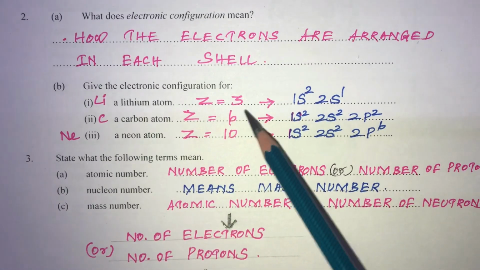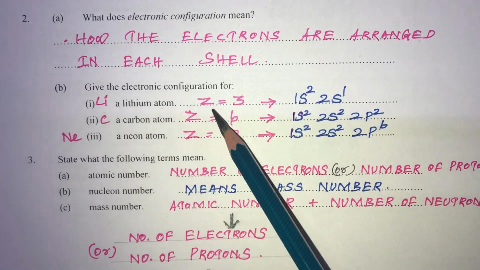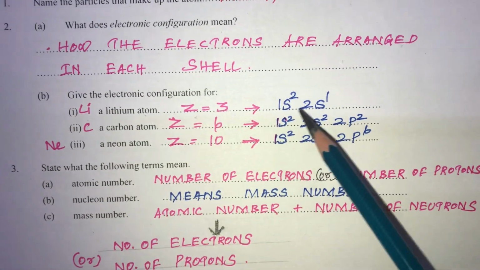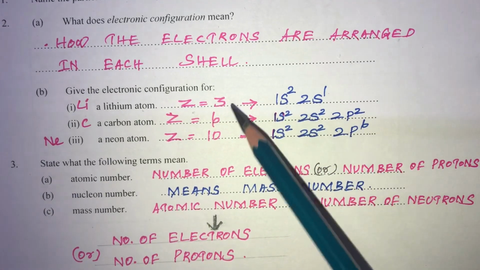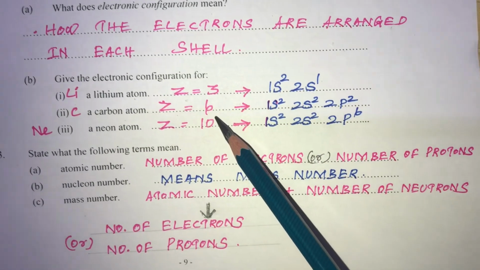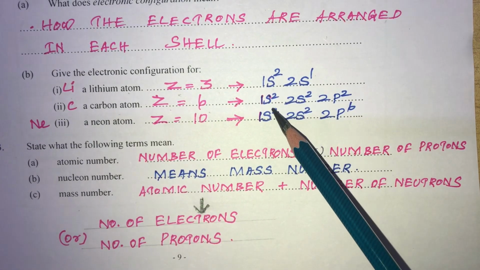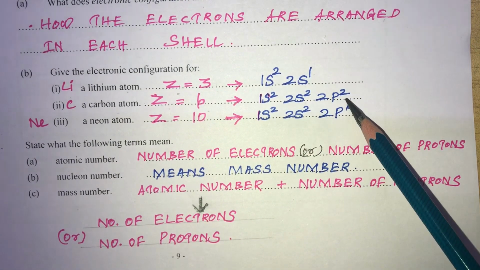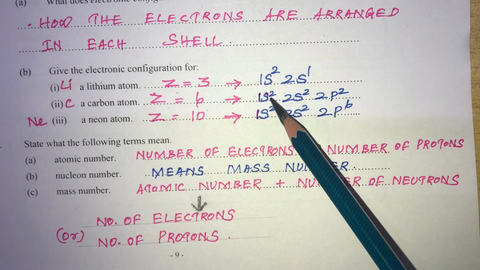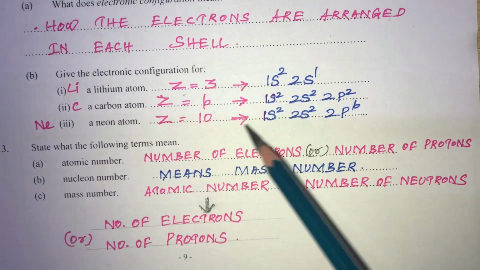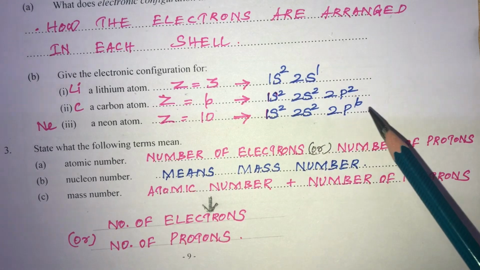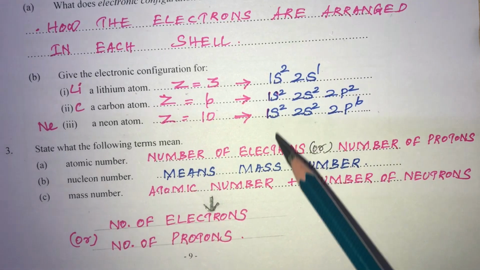The electronic configuration for lithium atom, Z equal to 3, is 1s2, 2s1, 2 plus 1, 3. Carbon atom, atomic number 6, the electronic arrangement is 1s2, 2s2, 2p2, 2 plus 2 plus 2, 6. The neon atom, atomic number 10, 1s2, 2s2, 2p6, 6 plus 2 plus 2, 10.